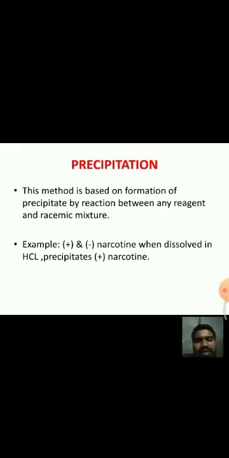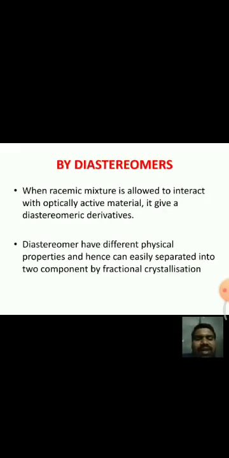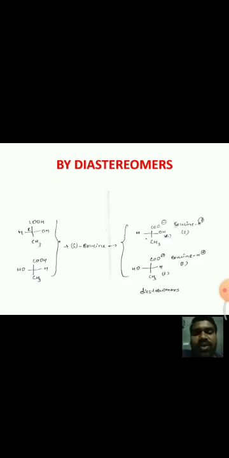By the diastereomers method, first of all, the enantiomers are converted into diastereomers. As diastereomers have different physical properties, they can be easily separated, and the separated diastereomers are again converted into enantiomers by simple hydrolysis, so that the racemic mixture can be separated into pure enantiomers.